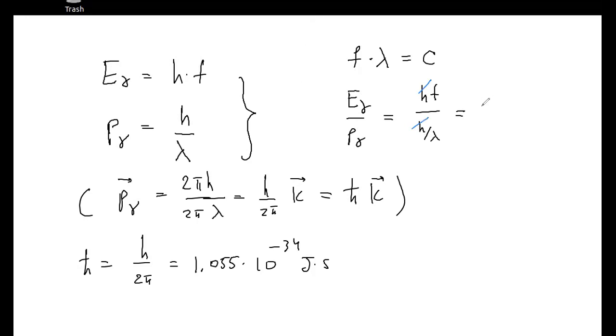And what I'm going to get is lambda f, or c. This is very interesting because we get something like E gamma equal P gamma multiplied by the speed of light, or E gamma over P gamma is c.